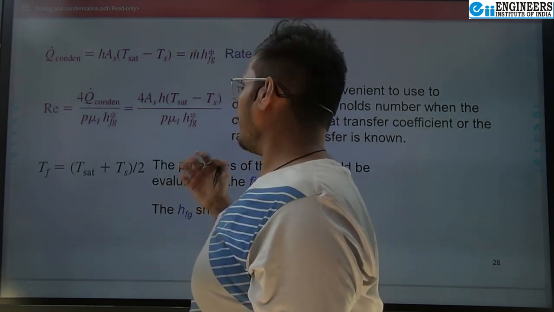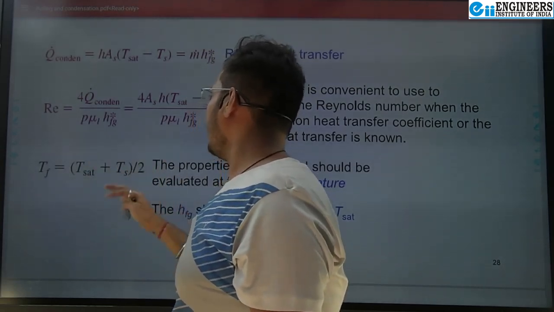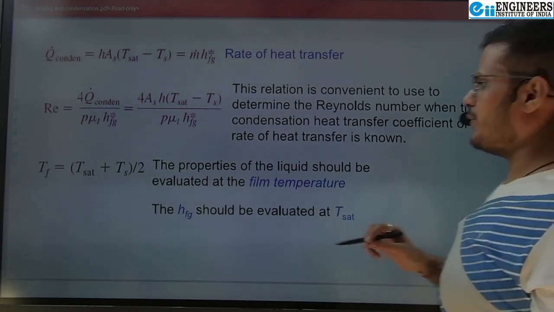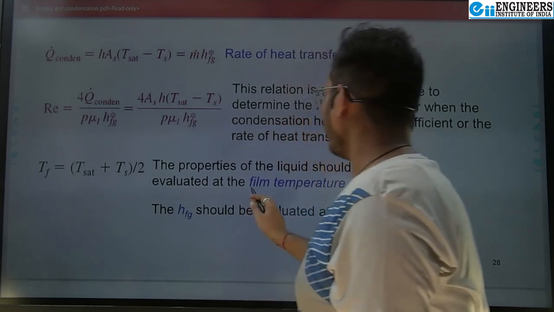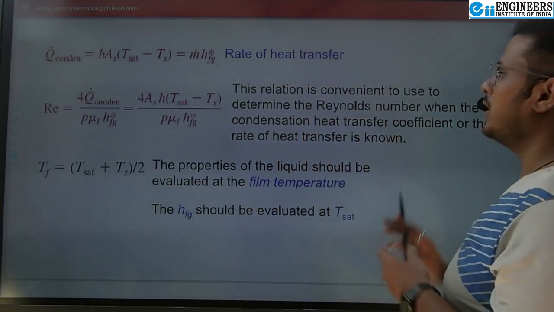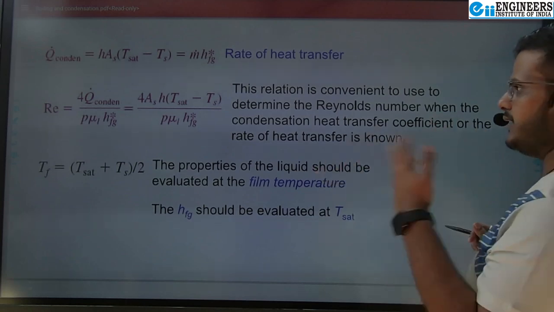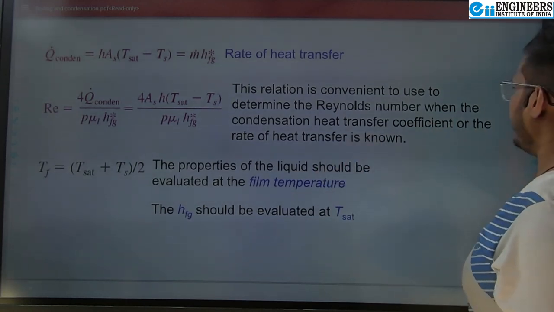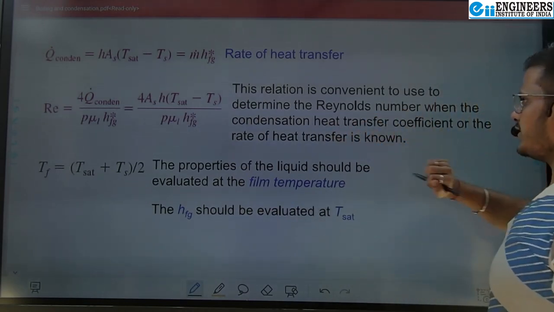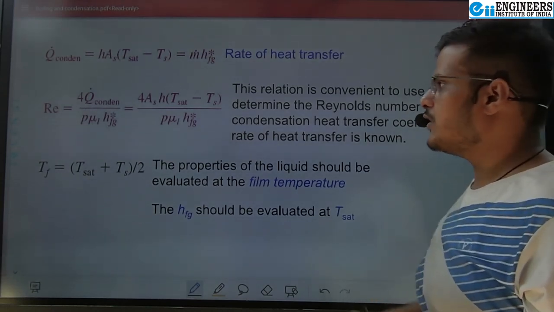This mu and the other properties are calculated at T fluid, which is assumed to be the mean of the saturation temperature and the surface temperature, called the film temperature. That is the temperature at which properties are determined. So this equation is used to determine the Reynolds number when the condensation heat transfer coefficient and rate of heat transfer are known to you.